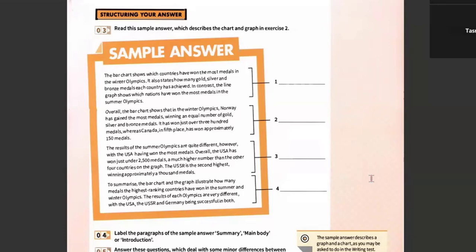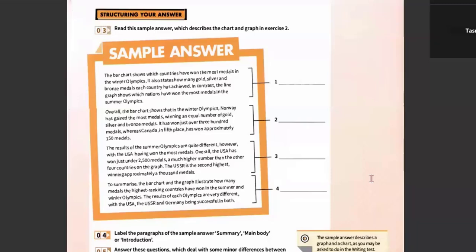So, as you know, whenever we write an essay about any topic, we have three main parts, right? The first paragraph should be the introduction, and then we write the main body where we have most of the information given.